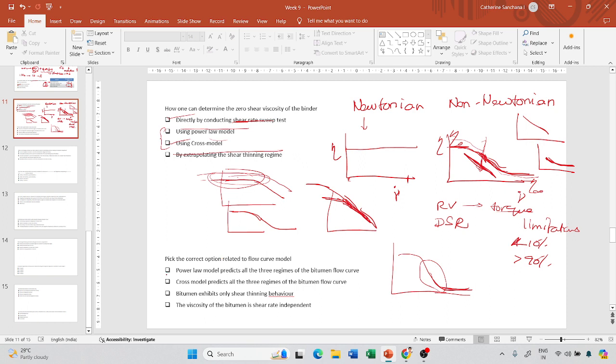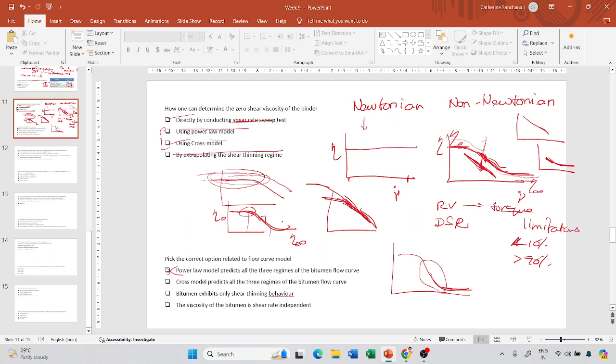So it cannot capture all the three regimes of the bitumen flow curve. A cross model predicts all the three regimes of the bitumen flow curve. Yes, because it has an equation which has parameters to capture zero shear, infinite shear, the slope of this, and the point at which it shifts from a constant value to a shear thinning regime.